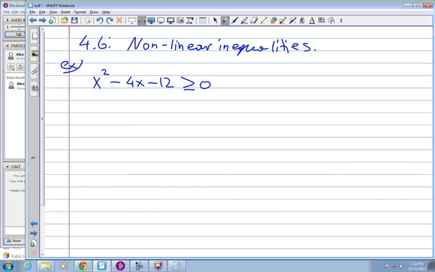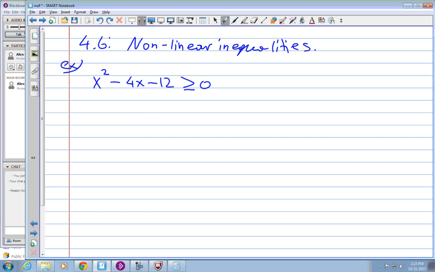But if we think about what that question is asking, it's asking for what values of x the expression on the left stays positive or 0, right? From a graphical point of view, the question is, when does the graph of the expression on the left stay above the x-axis? Because if it's above the x-axis, that's when it's positive, right?